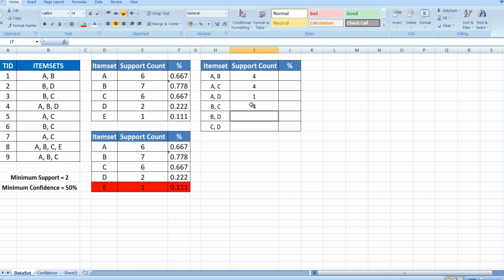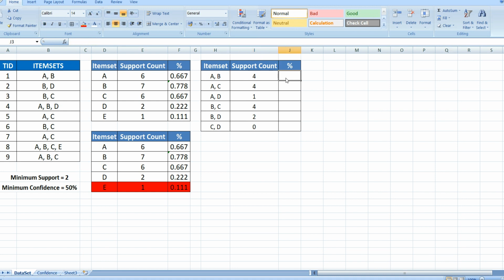So we write a 4. We go and do the same for BD, BD1, BD2, and we put a 2. We go and check for C and D, and we get a 0.